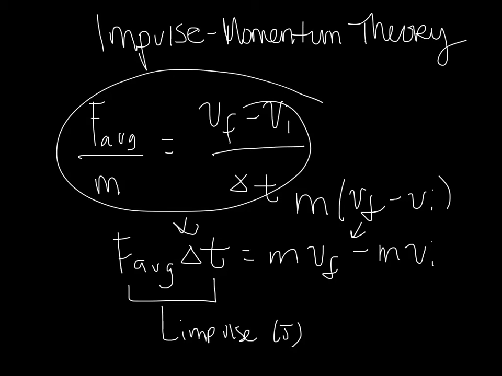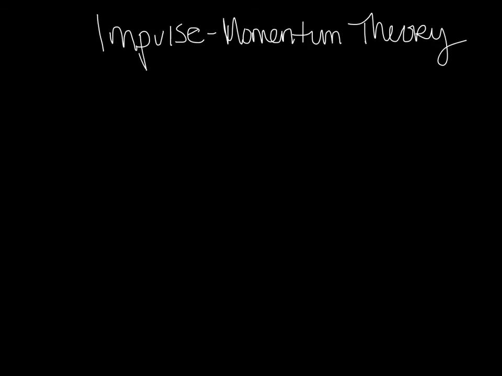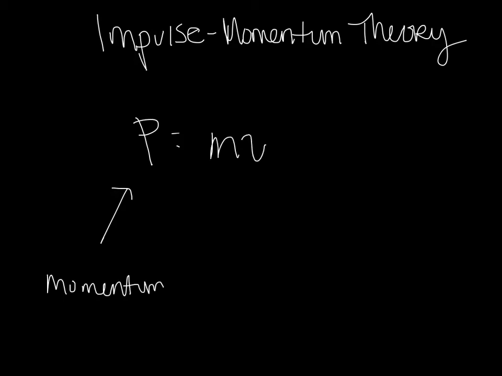That means that impulse is the change in momentum, because momentum, P, is equal to mass times velocity. And velocity is a vector, therefore momentum is a vector as well.